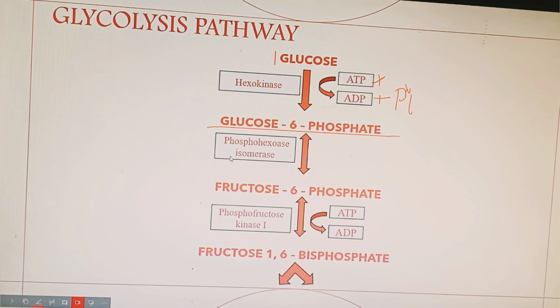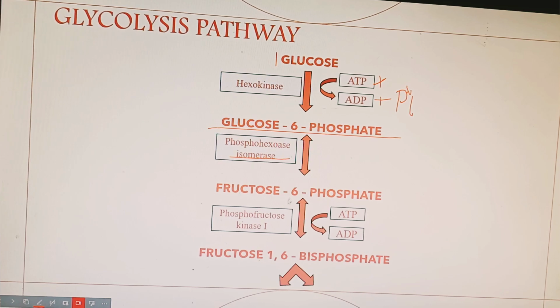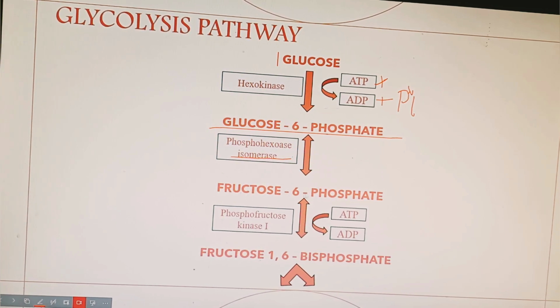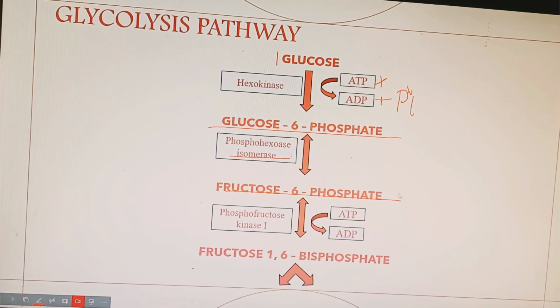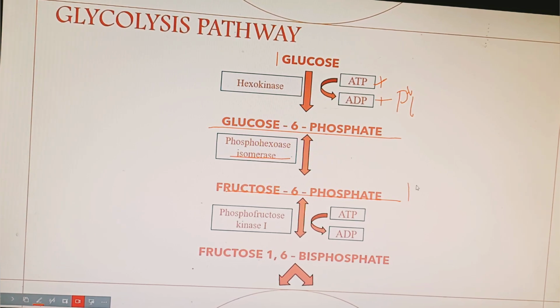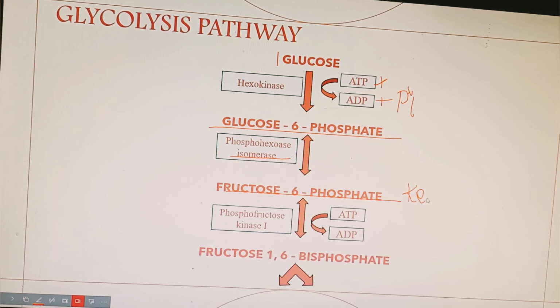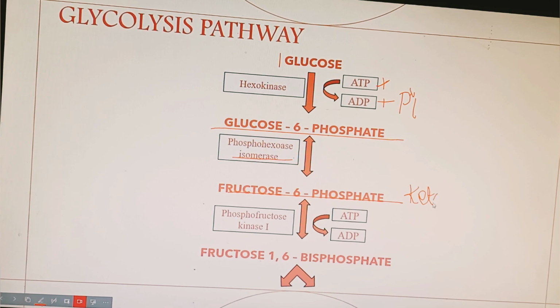Now further we see that the glucose 6 phosphate molecule is being converted into a fructose 6 phosphate molecule. We know that fructose is also a 6 carbon compound. Fructose is an isomer of glucose, so there is an isomerization reaction occurring over here, and the glucose 6 phosphate molecule is converting into a fructose 6 phosphate molecule by the enzyme isomerase.